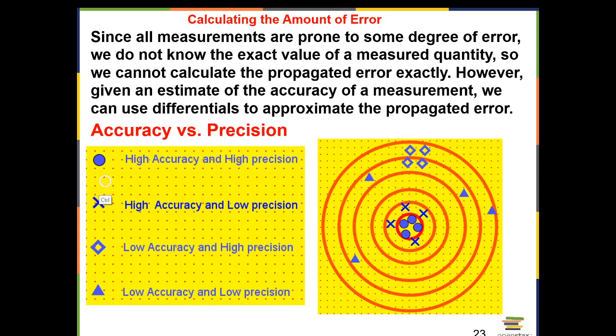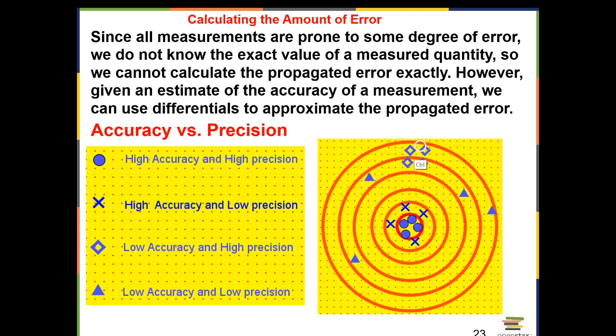What about this cross symbol? Well, the cross symbol is around the target too, but every time you hit it, it's a little bit further away. So your precision is not that good, but your accuracy is pretty good. So you have good accuracy here and low precision. Now, what about this diamond shape right here? How did you do here?